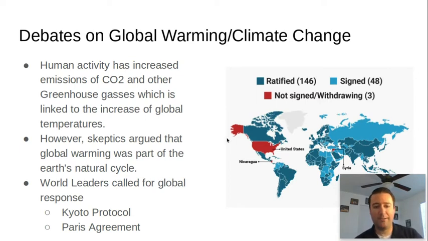So that is something that the scientific community has pretty much agreed on, that it is what we are doing. But despite that virtual agreement, it is still debated very much in the public arena of politics and society in general.